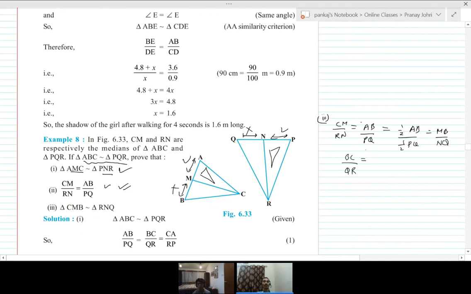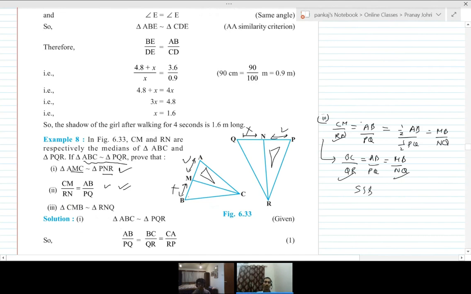We can use both actually. This one is similar to AB by PQ, which is equal to half AB by half PQ, which is MB by NQ. So MB by NQ is equal to CM by RN and BC by QR. So all three are equal, SSS, and similar.